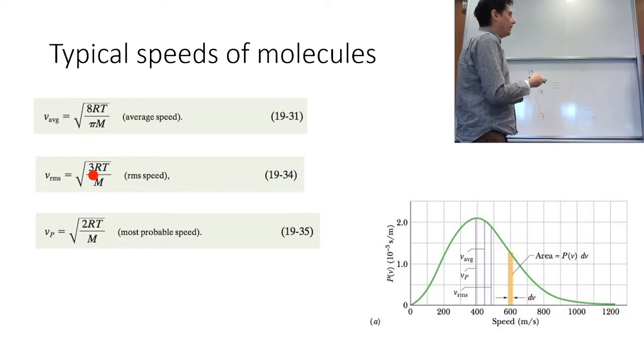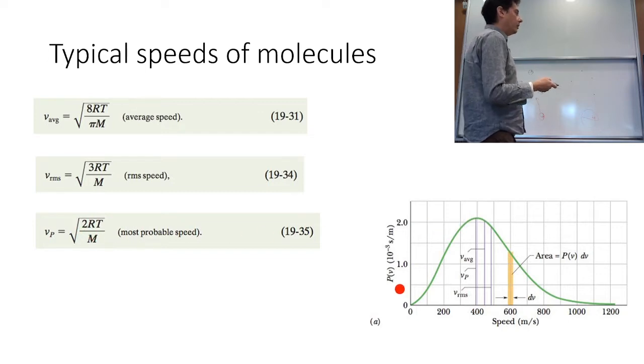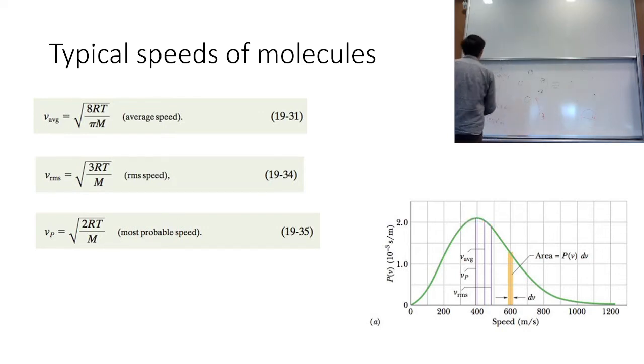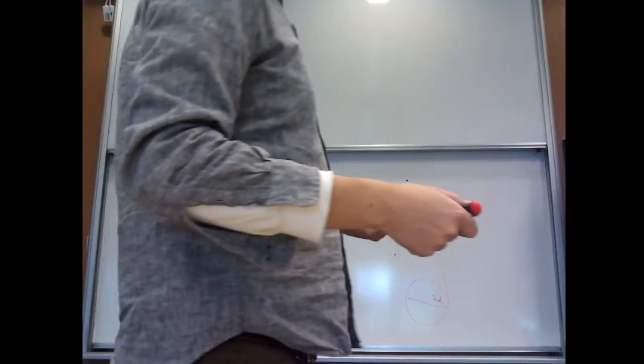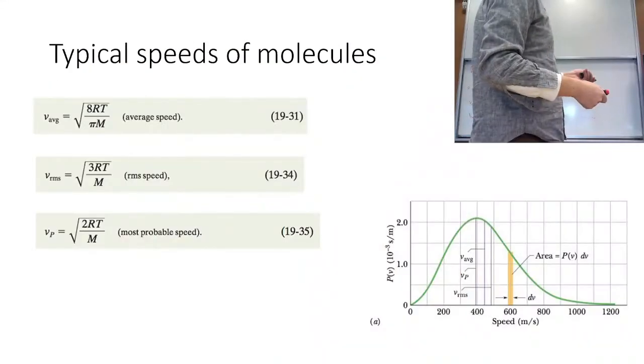And then here it's 3, right? And this one is the location of the peak here. So if you took the derivative and found where it's equal to 0, so basically solve the equation dp equals 0, then that would be equal to this one.